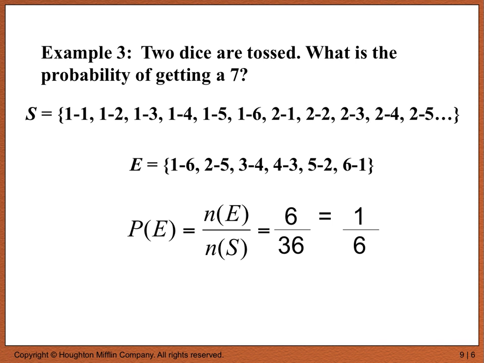And my probability then of this event is the number of elements in the event space, which is 6, that is 1, 2, 3, 4, 5, 6, divided by the number of outcomes in the sample space, which is 36. So 6 divided by 36 is 1/6. Therefore, when I roll two dice, I have a 1/6 probability of getting a sum of 7.